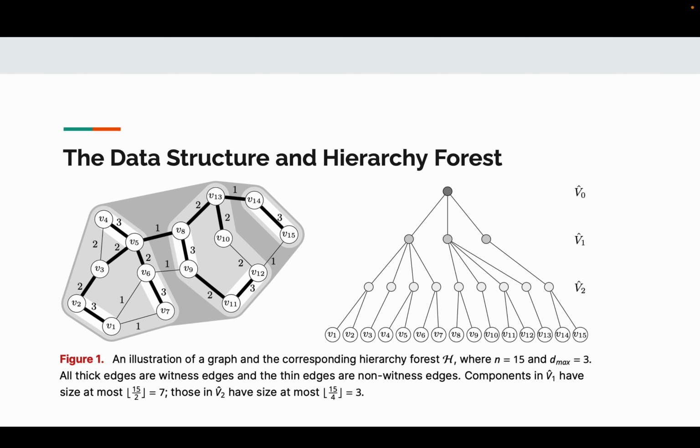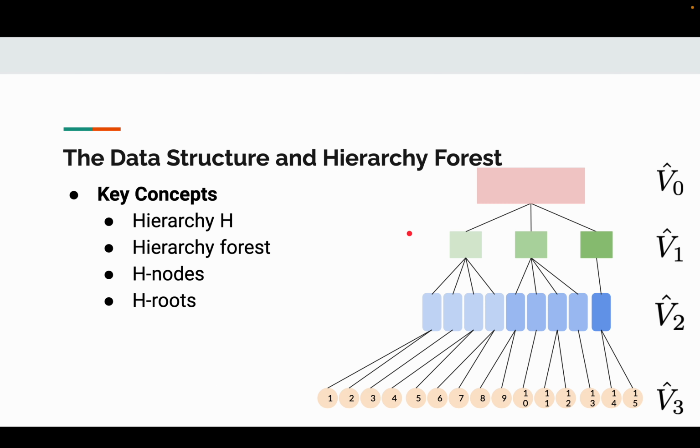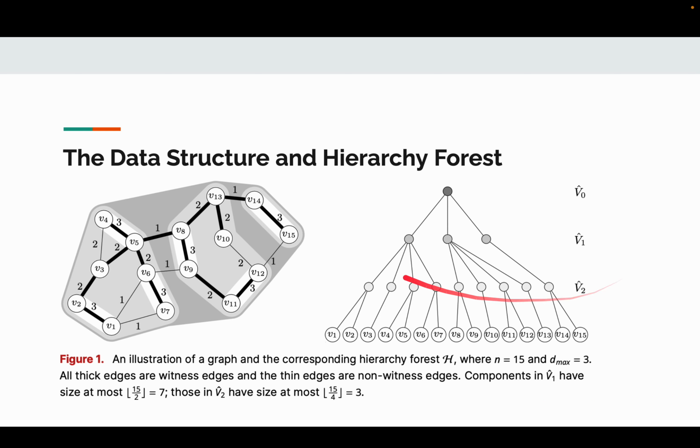This is the graph that was used in the description of the paper, and we already introduced it in the previous section using the PowerPoint slides to explain G hat, V hat, and E hat.